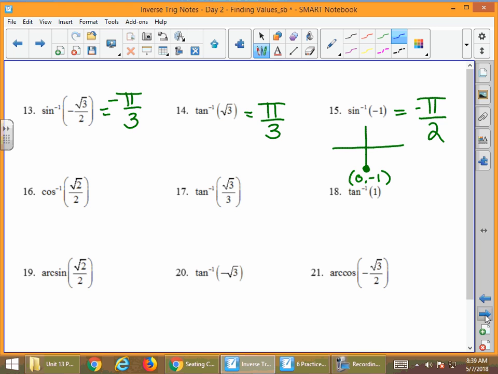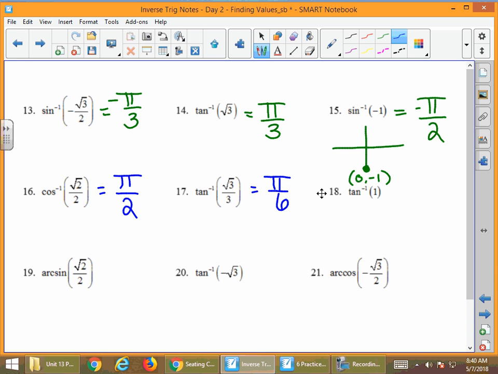Number 16, cosine of the square root of 2 over 2. Again, maybe you need your fingers to help you remember, but this is going to be pi over 2. Number 17. What angle of tangent has a value of square root of 3 over 3? I think this is even a repeat, because square root of 3 over 3 is going to be our pi over 6.